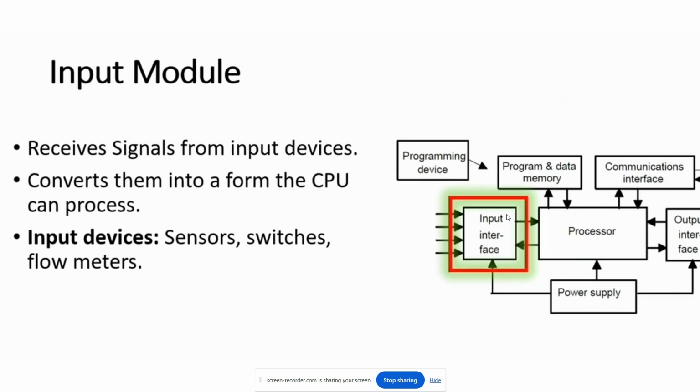Let's say 1 to 10 volts. Sometimes a response inaweza kuwa in terms of current, 4 to 20 milliampere, lakini let's say we have 1 to 10 volt. So utakuta your sensor, a vision sensor, ikiona a blue color, let's say it sends in 1 volt.